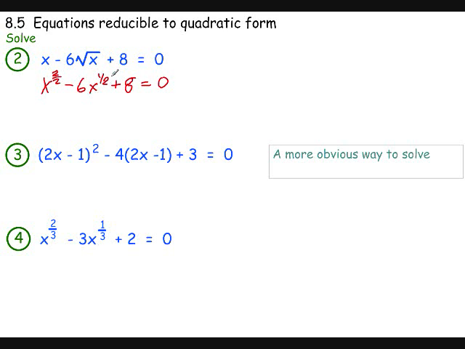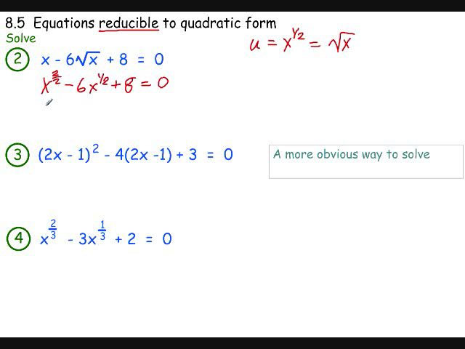We know that if it's reducible to quadratic form, the first term has to have a power that's twice as large as your second term. And that is the case, isn't it? So we can say U equals x to the 1/2 power, or of course, U is equal to the positive square root of x.